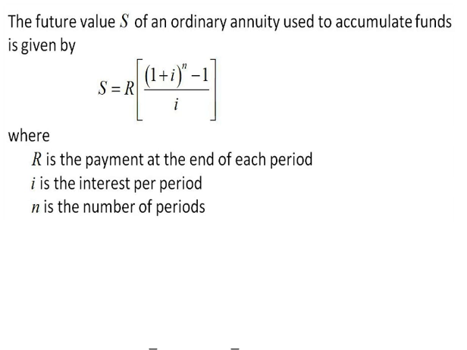And n is the total number of periods, which is the number of times compounded in 1 year times the number of years, so m times t.